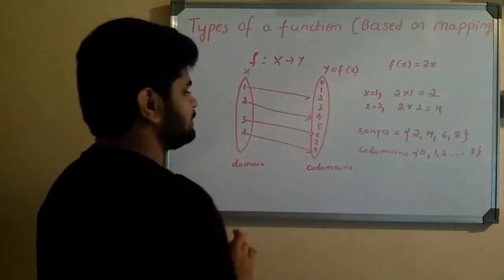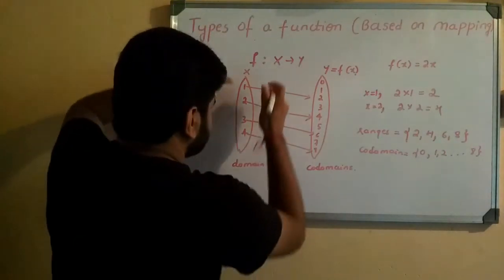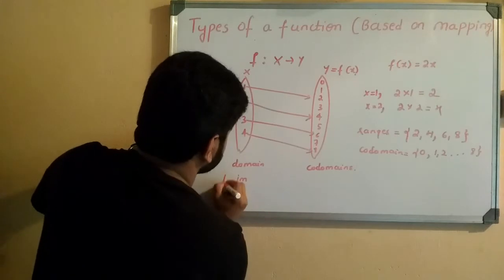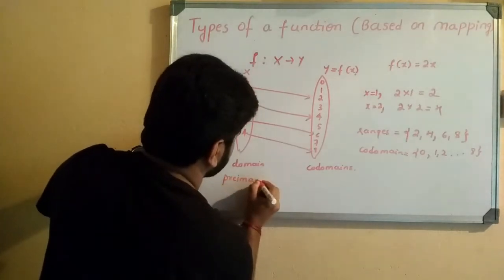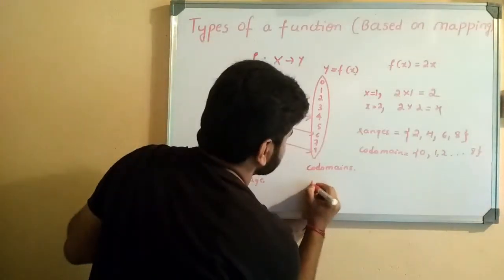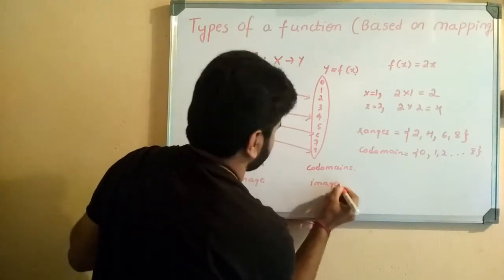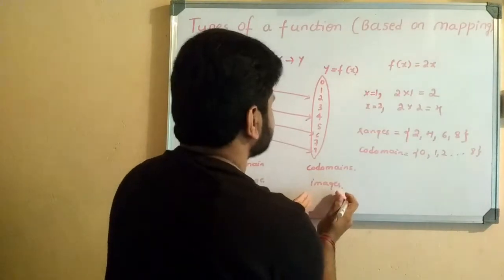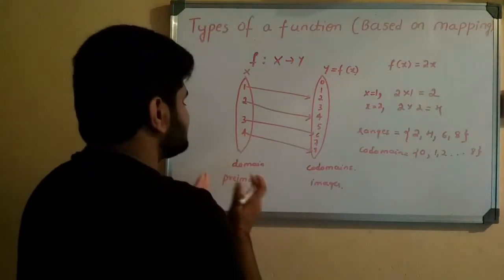These are our codomain. Also, this set of all elements we will call images. Sorry, this is the pre-image and this is the images. This set of elements we call images and this we call pre-images.